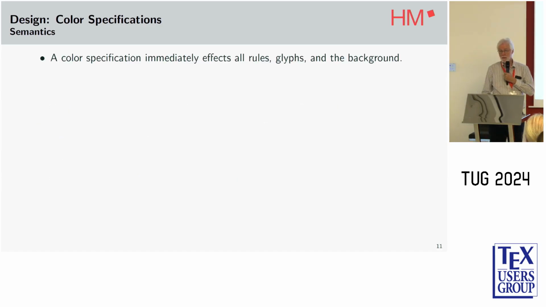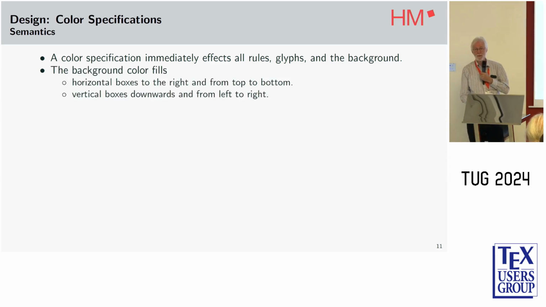And such a specification affects all rules, glyphs, and the background from now on. And especially the background will fill horizontal boxes from top to bottom and then to the right, and vertical boxes from left to right and down. So you can change the color of the background in the middle of a box.